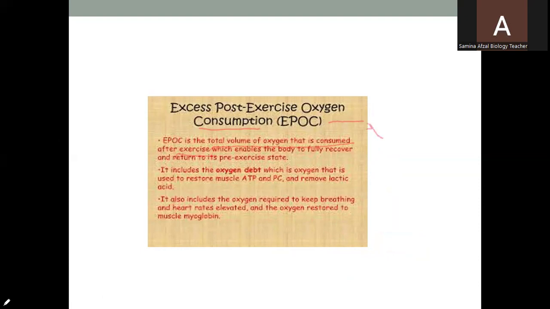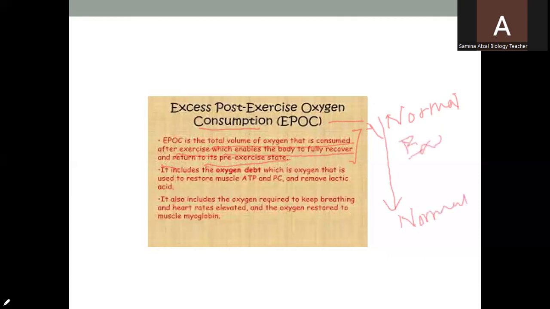After completing your exercise, it is the amount of oxygen which is consumed by our body and which enables the body to fully recover, or the amount of oxygen which is needed to recover the body to its pre-exercise phase. The body was normal, so it travels from normal towards normal after the exercise.